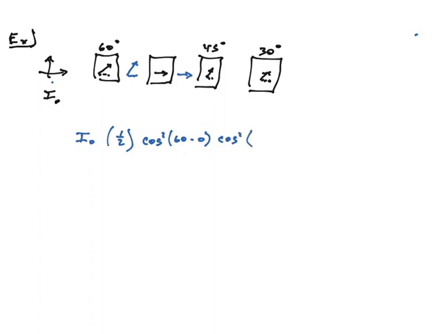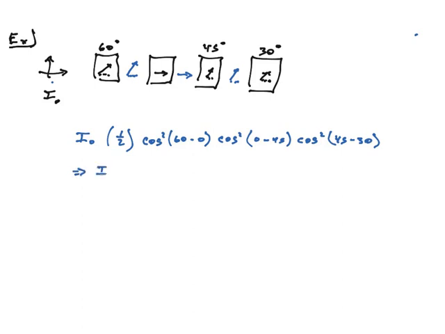I'm at 0, and I'm trying to get through 45. Done. I'm now at 45 degrees. I'm now trying to get through the last filter, which is 30, so another cosine squared. I'm starting at 45, trying to get through 30. And I'm now finished. Now all I have to do is stick this stuff in my calculator.